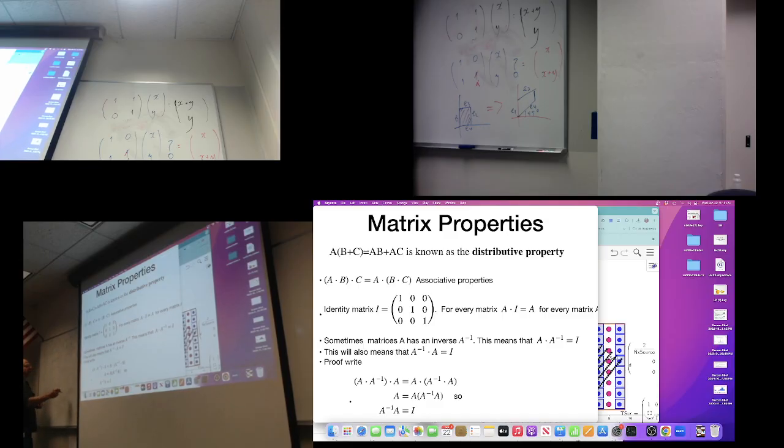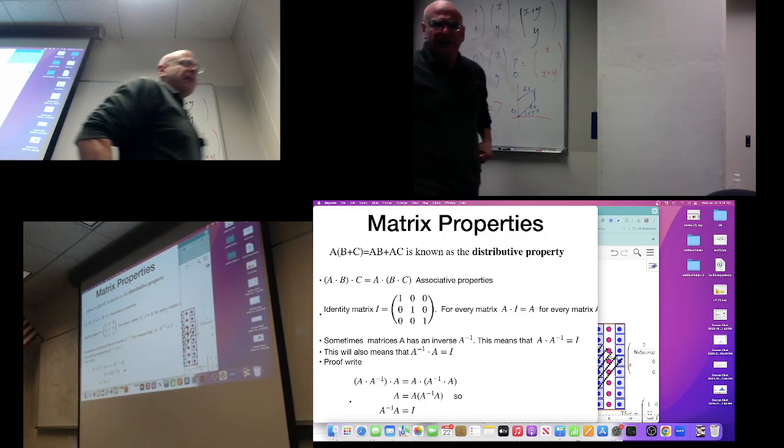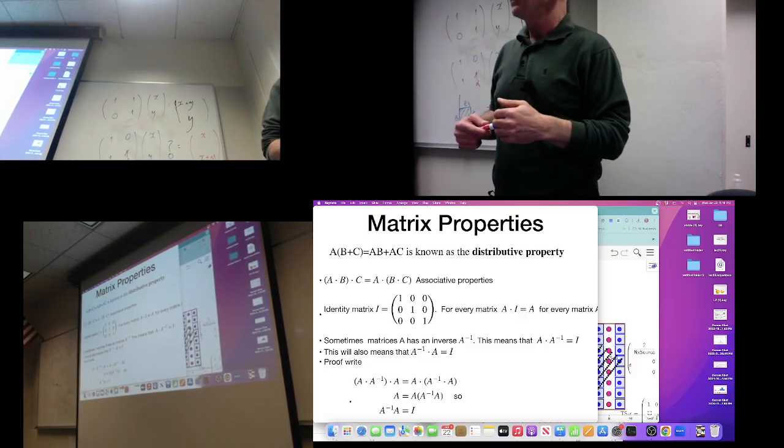Matrices are multiplied by taking the ith row from here and the jth column from here, and the product would be the ijth element that I'll write over here. And then I'm just doing the dot product between these two vectors. And of course, I multiply matrices only when it makes sense, where the number of columns here equals the number of rows here. Okay, distribution property: A times (B plus C) equals A times B plus A times C.